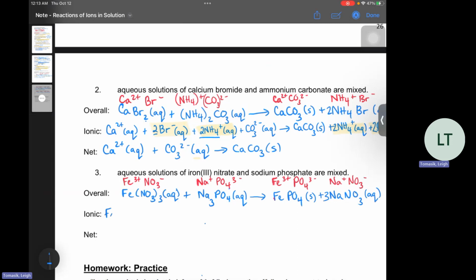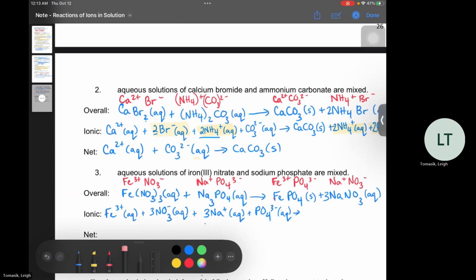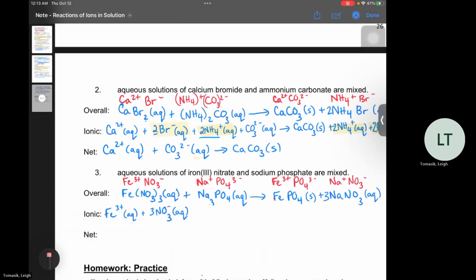So that means we have Fe3 plus aqueous plus 3NO3 minus aqueous plus 3Na plus aqueous plus PO4 3 minus aqueous arrow. Will I make it? No. We're going to write everything a little bit smaller.